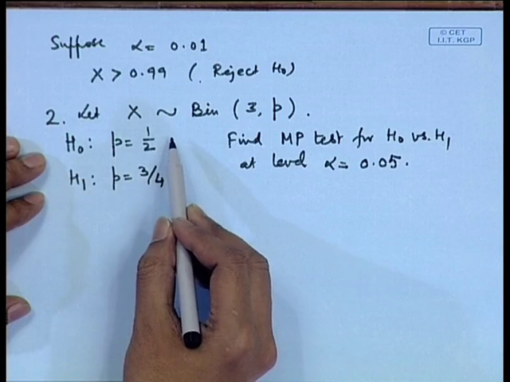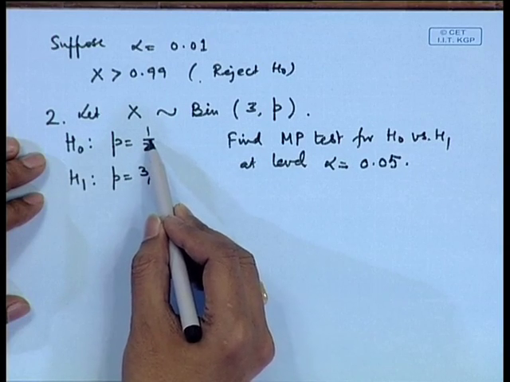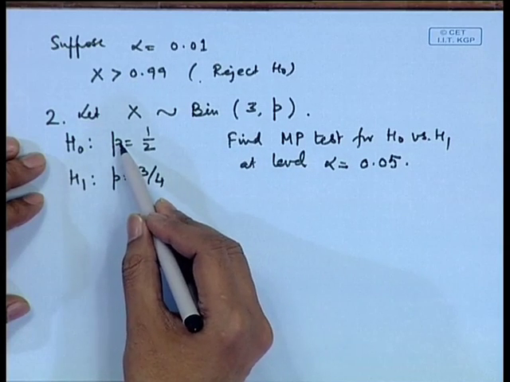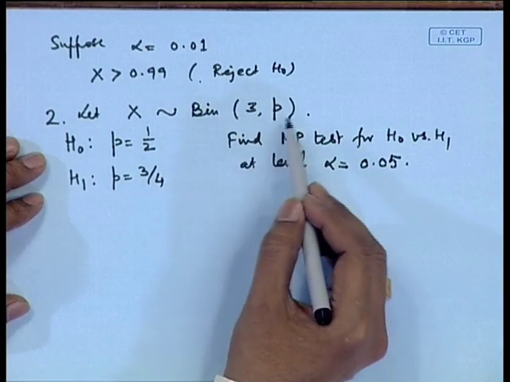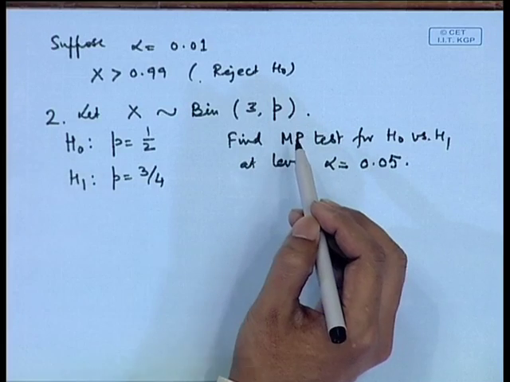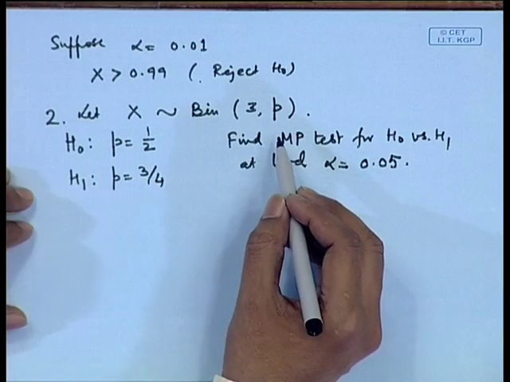Now, this is again a case of simple versus simple hypothesis, because p is equal to half or p is equal to 3 by 4 completely specifies this probability distribution. Therefore, we will consider the application of the Neyman Pearson lemma here.